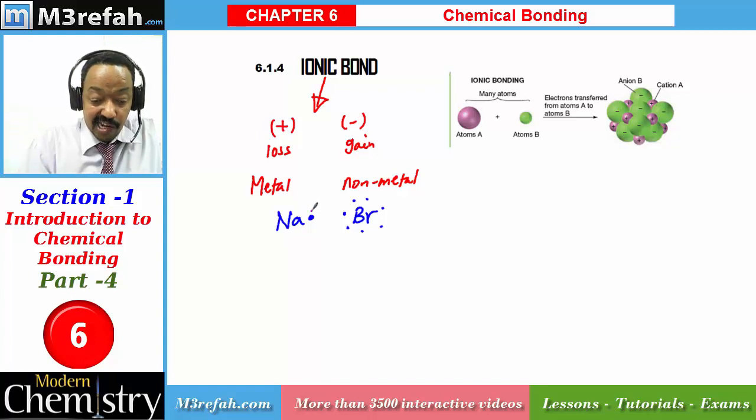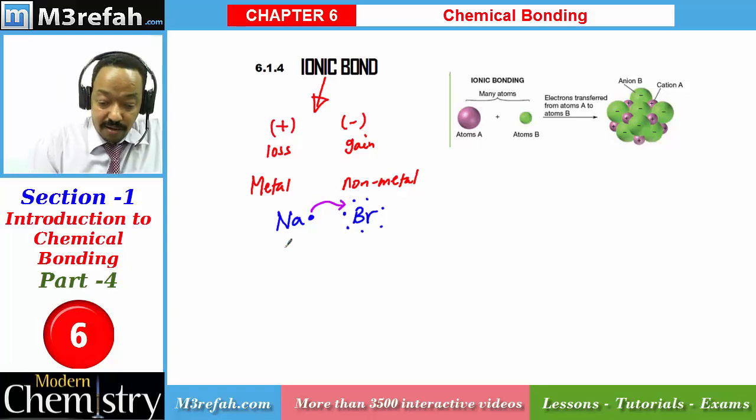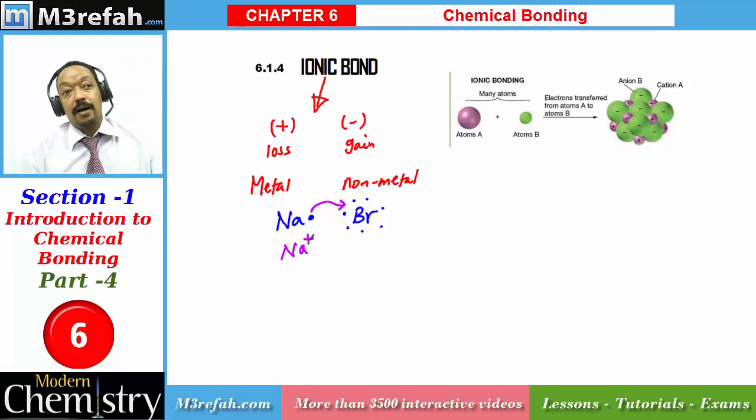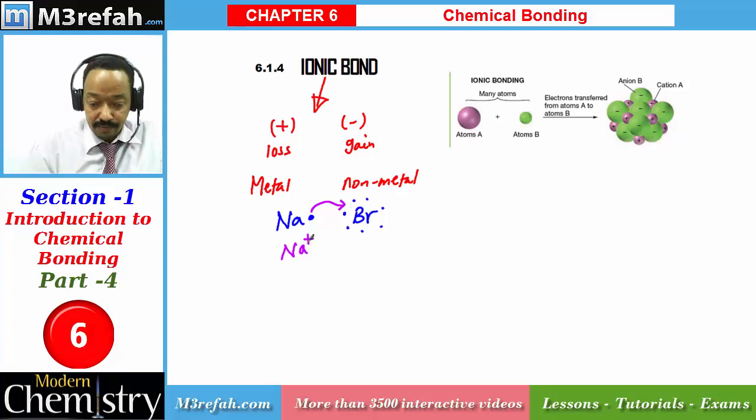Sodium is willing to completely surrender its electron to bromine, which means sodium becomes a sodium ion, and bromine becomes bromide ion because it has gained an extra electron.